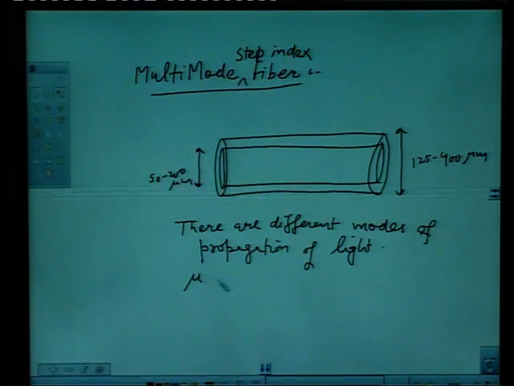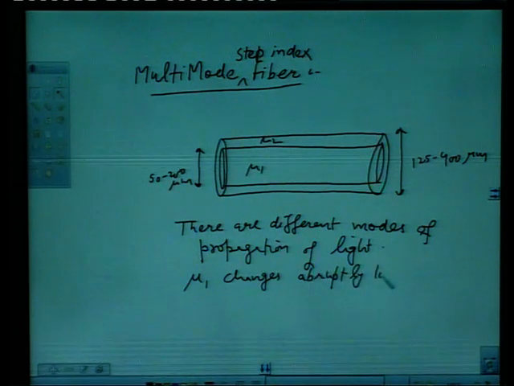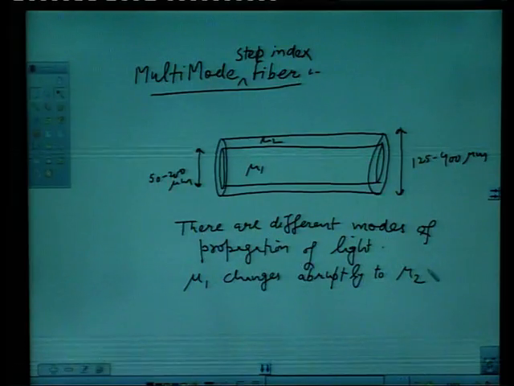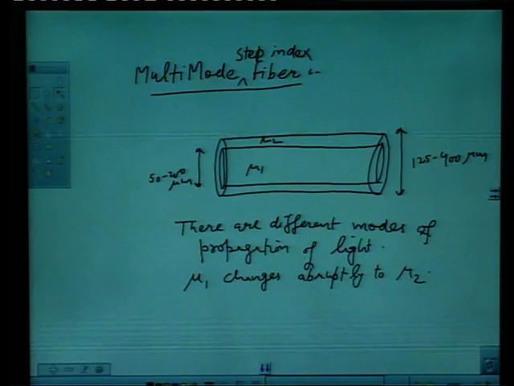So this is for the step index fiber, that mu1 changes abruptly to mu2.